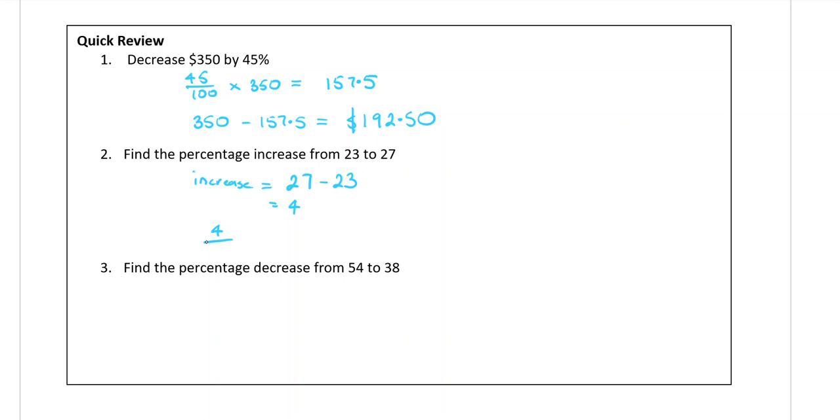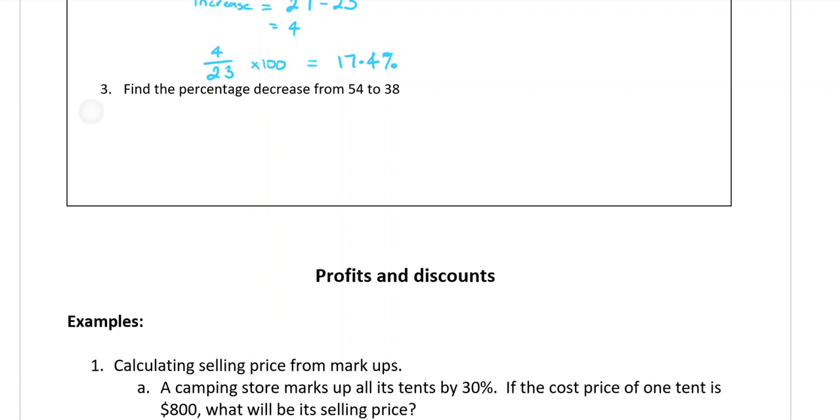Take away, or over 23, and then you times by 100 to make it a percentage. So that's about 17.4%. Oh, thanks. Let's do the next one.